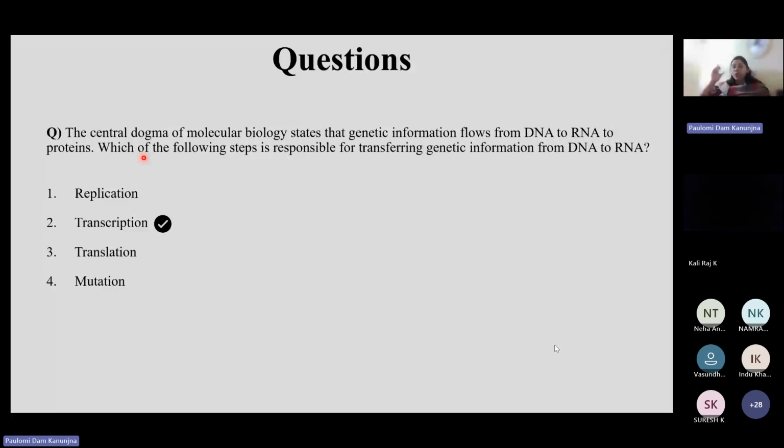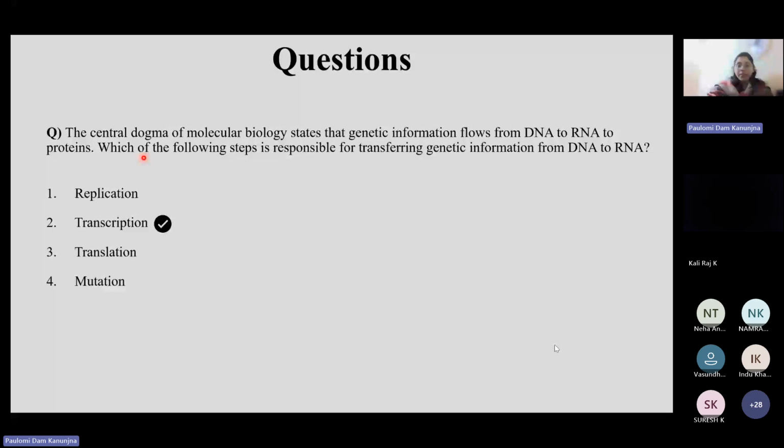So RNA has AUGGG, nitrogenous bases, but protein has amino acids. Three nucleotides together code for an amino acid. You're translating the language. You can remember it like that. That would be easy for you to remember. So it's translation.